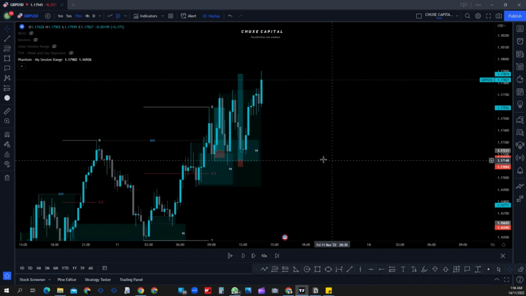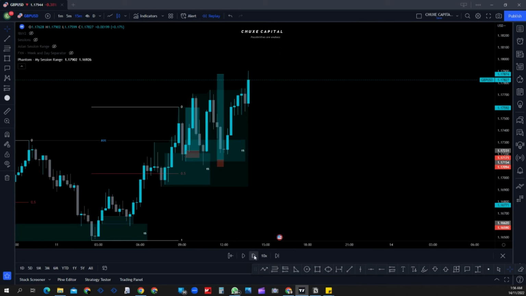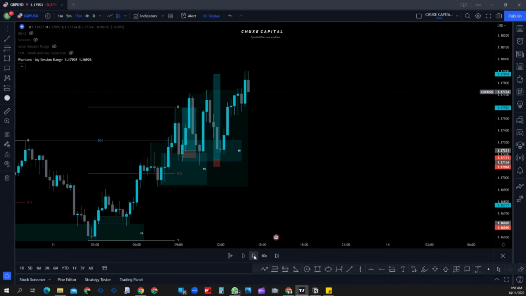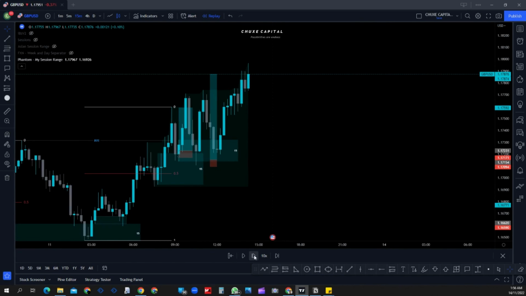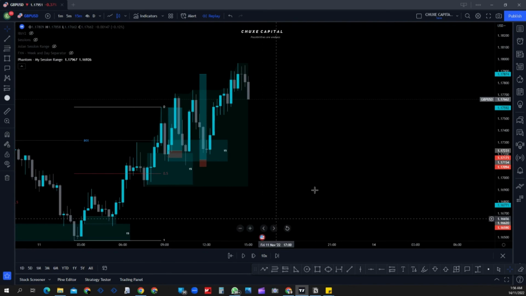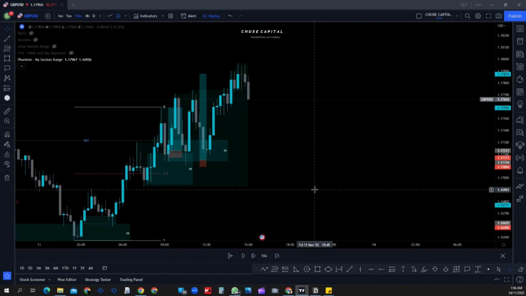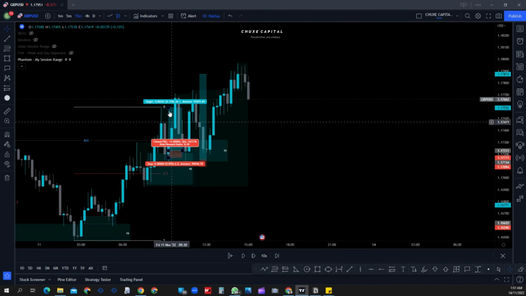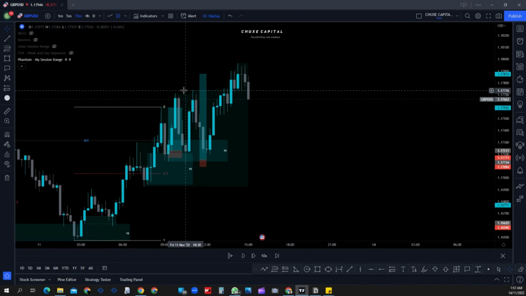We have another 15 minutes. We'll wait for the pullback. So now we have the pullback. So we have this. This is where we have our break.